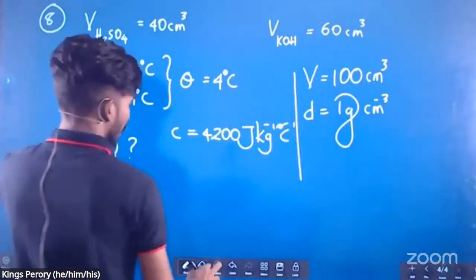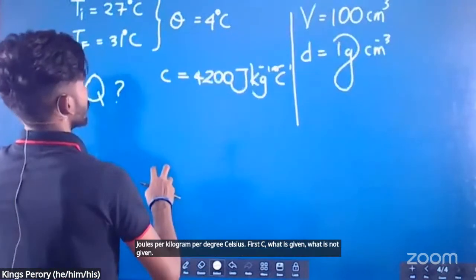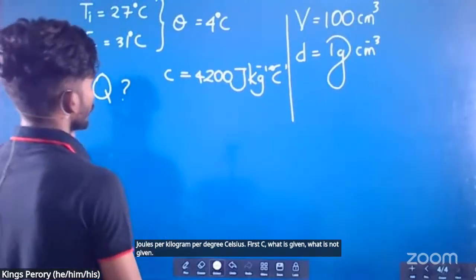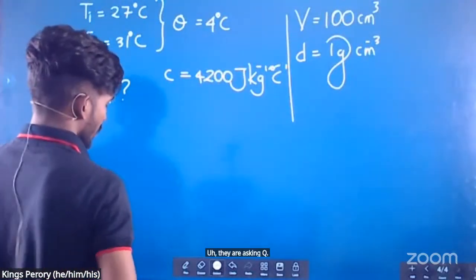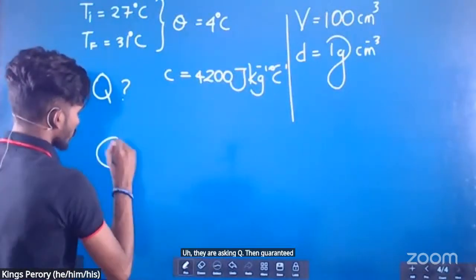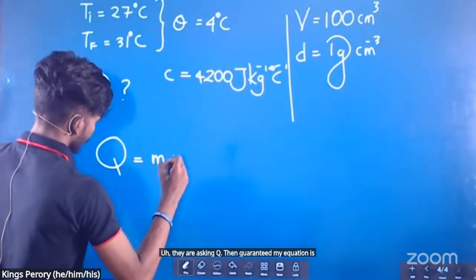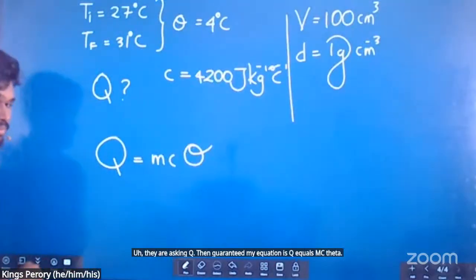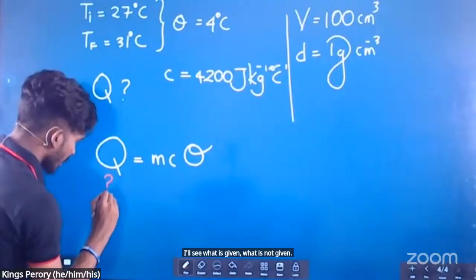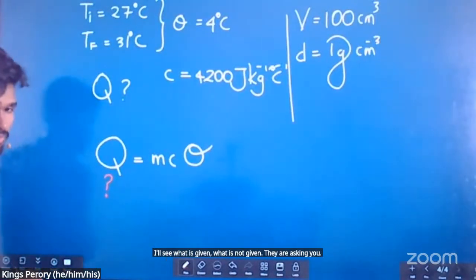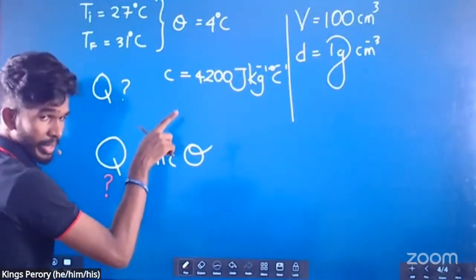First see what is given and what is not given. They are asking for Q, so guaranteed my equation is Q equals MC theta. Have they given the specific heat capacity?